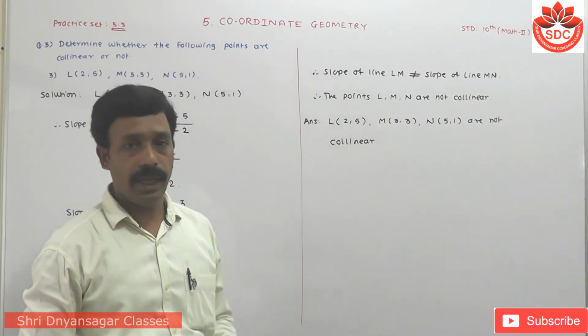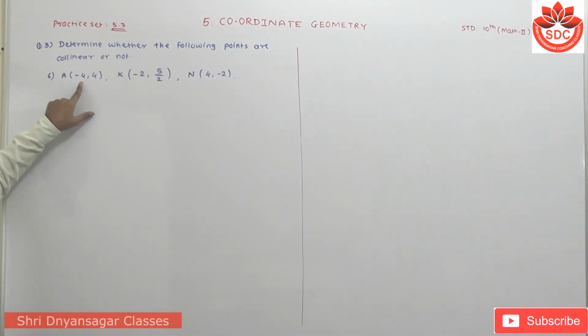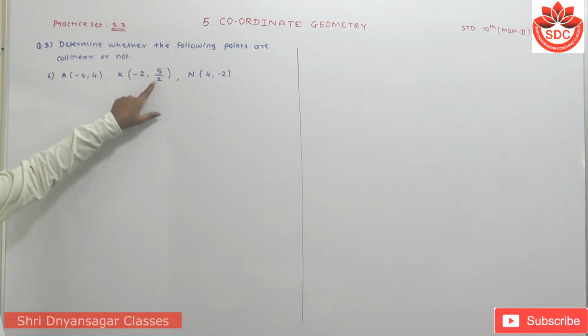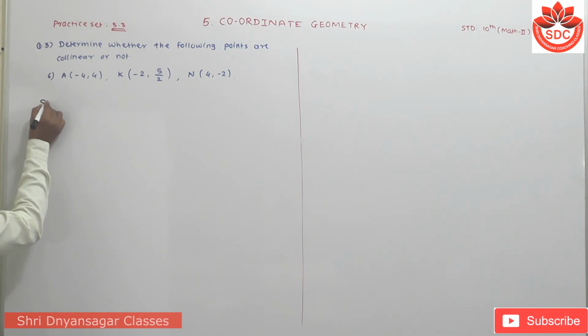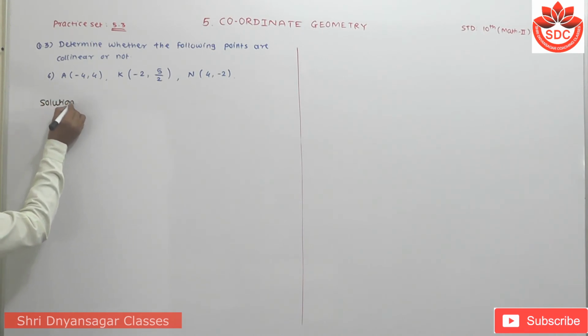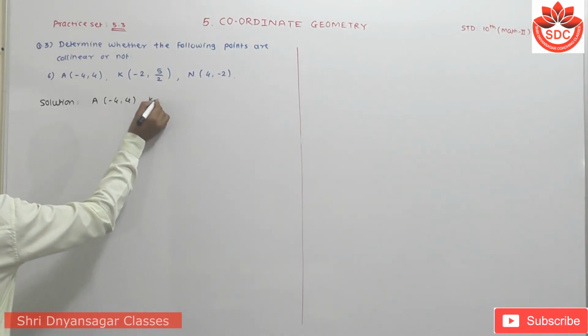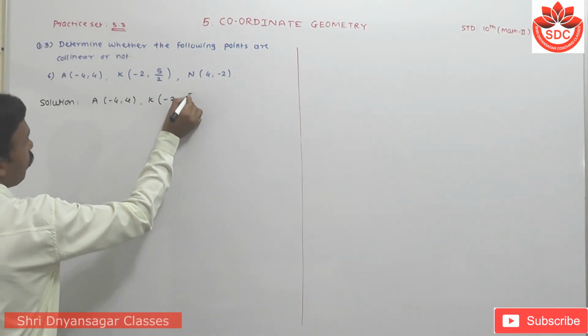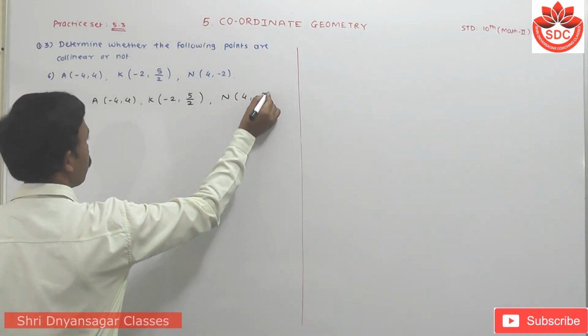Okay, we take the next sub question number 6: A having coordinates -4, 4, K is -2, 5 upon 2, and N is 4 and -2. So look carefully. Solution: A having coordinates -4, 4, K having coordinates -2 and 5 upon 2, and N having coordinates 4 and -2.